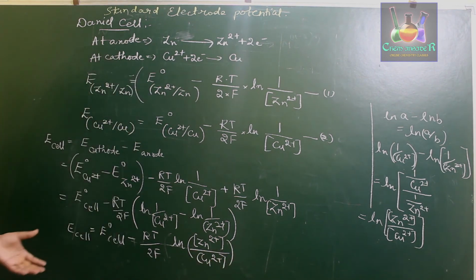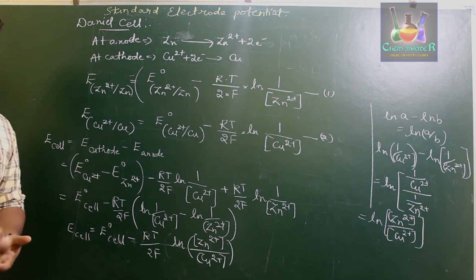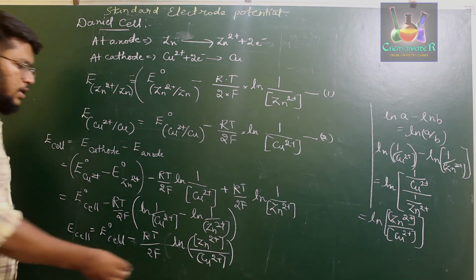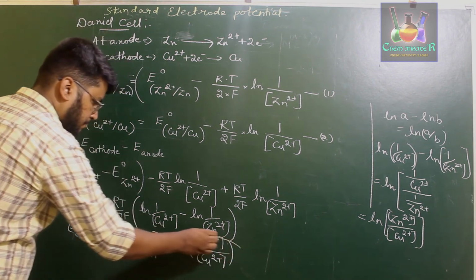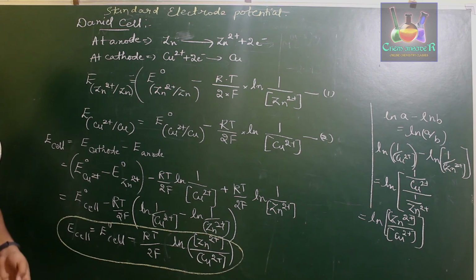Okay, so this will be the equation of electrode potential of a Daniell cell. This will be the equation to determine the electrode potential, or EMF, of the Daniell cell. I hope you understood this particular derivation.